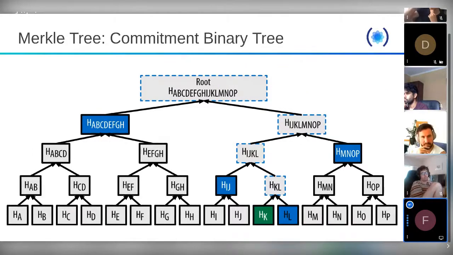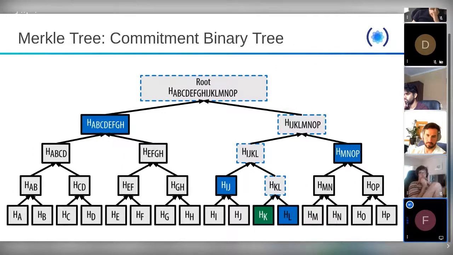Are we clear on that, or is there any question at this stage about Merkle root and Merkle tree? Okay, cool. So a few things to mention here. First, if Ali is committed to this Merkle root, to prove that K is indeed part of the tree, she only needs to reveal K and the blue boxes, which are hashes.